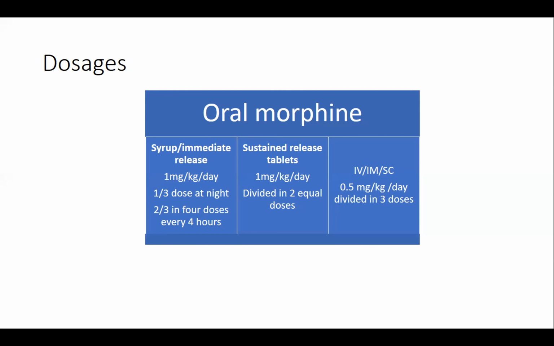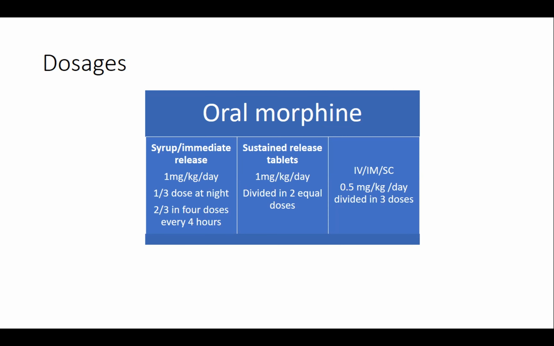Then the rest divide in 4 hourly doses during the day. So in other terms, you're also saying that they are receiving sort of a double dose at night, but you need to review your patient and see if that is something working for them. But this is a formula. You could also share what you're also using in your facilities, because I know we come from different countries and different facilities.